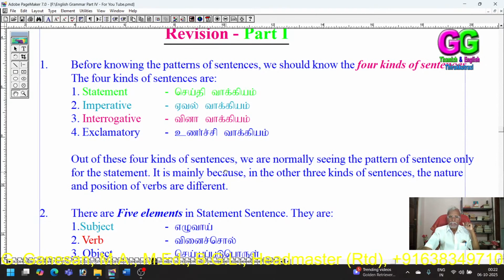Among these four kinds of sentences, we normally see the pattern of sentence only for the statement.